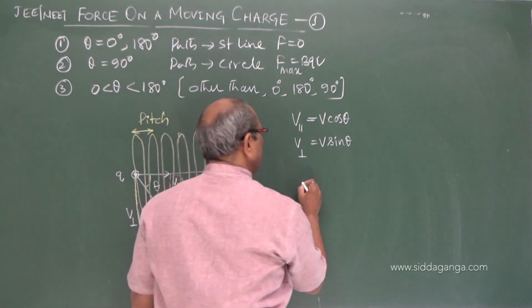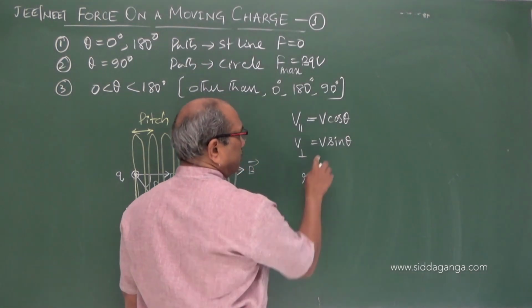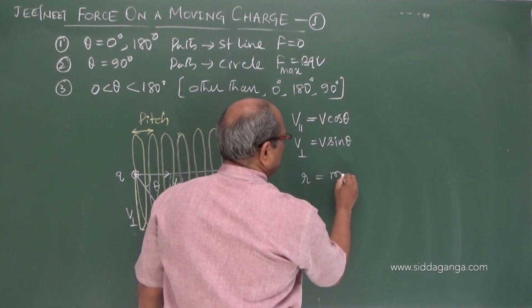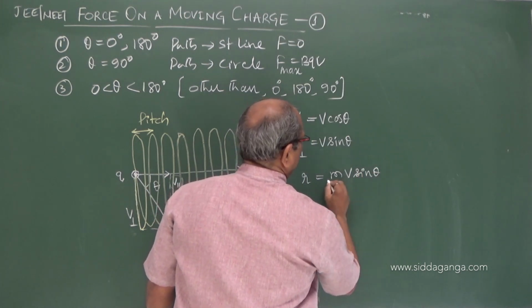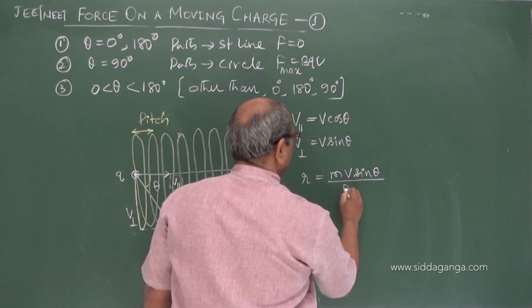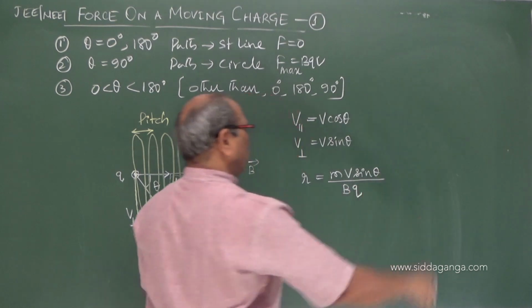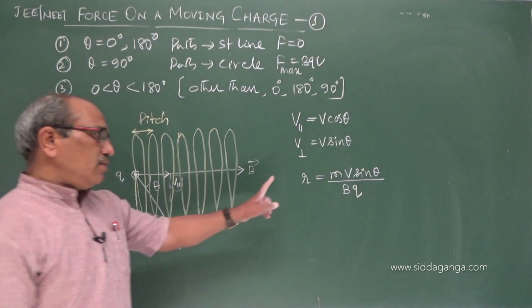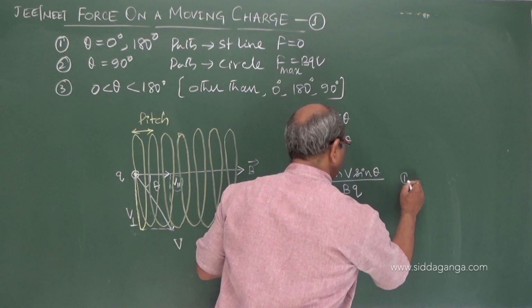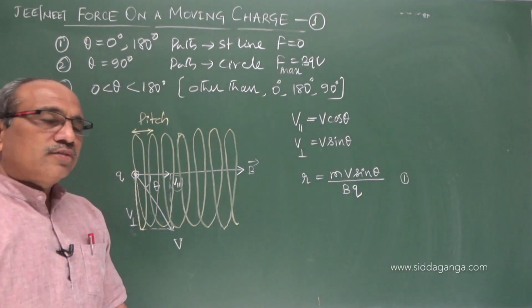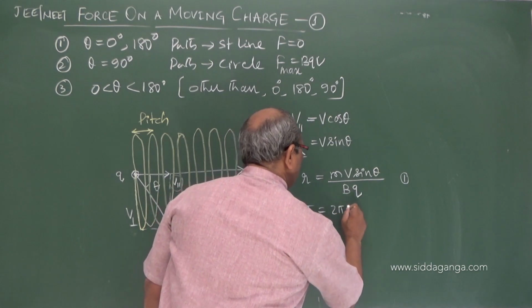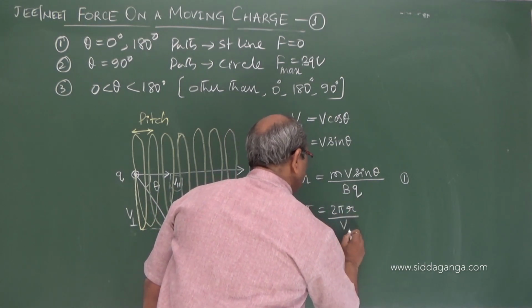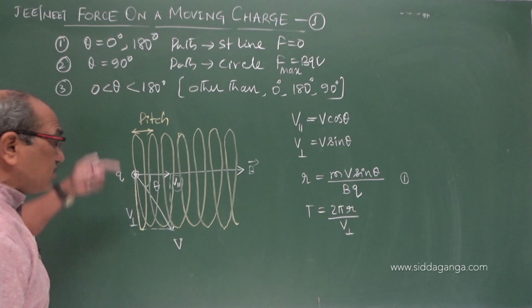What is the radius of this circular path? The radius is mv perpendicular, that is mv sin theta, by qB. This makes the charged particle describe the circle. What is the time taken? 2 pi r by v perpendicular I have to apply to describe this circle.